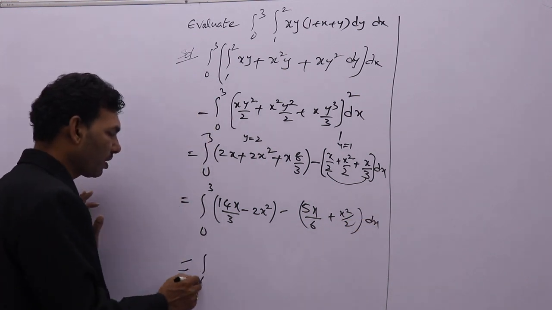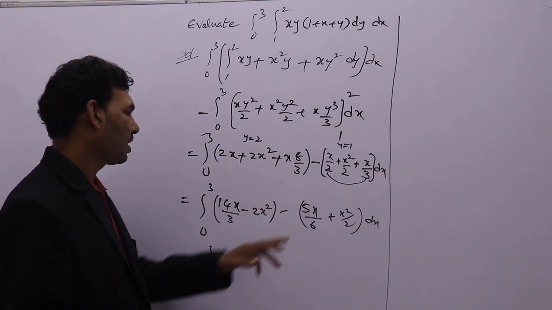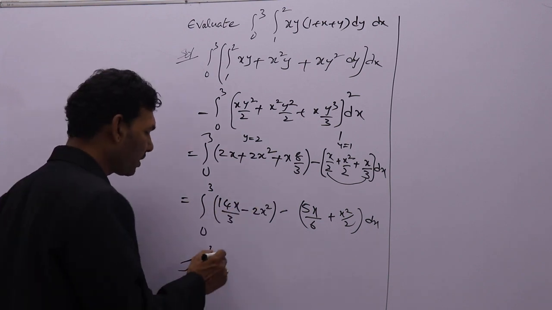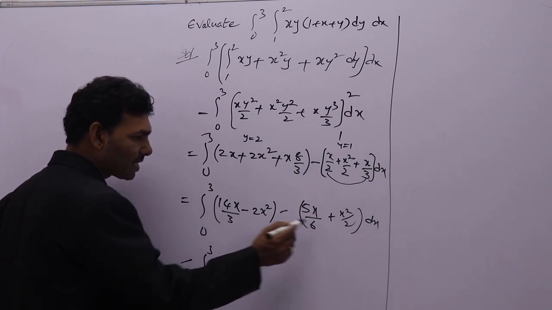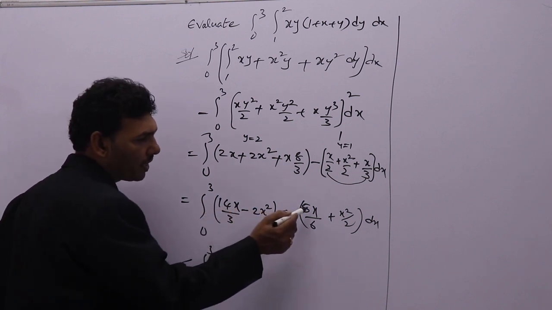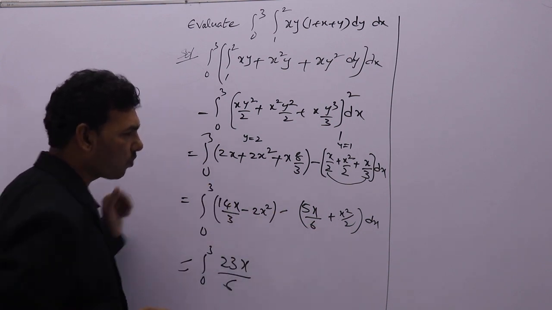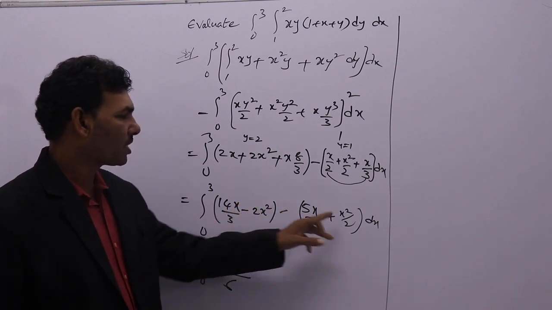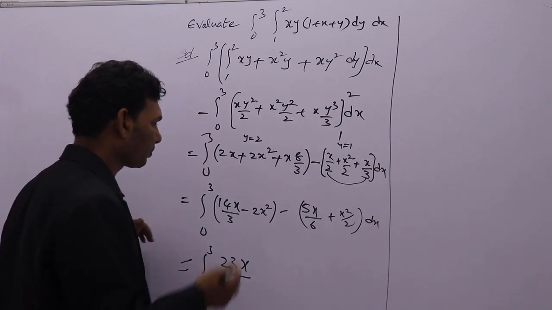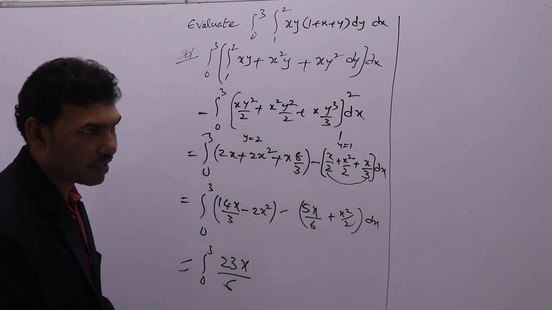Now simplify: integral 0 to 3, here 14x by 3 minus 5x by 6, taking 6 as LCM, 2 14s are 28, 28 minus 5 is 23, x by 6. Next the x squares: 2 2s are 4, so minus 4x square minus x square minus 5x square by 2, dx.